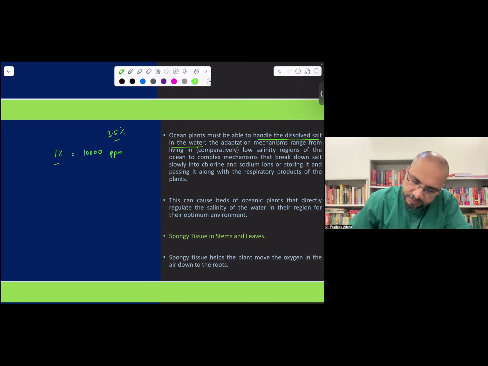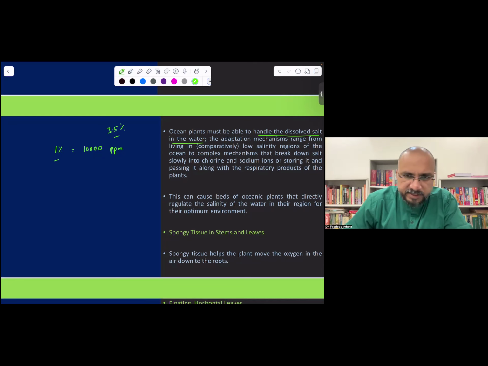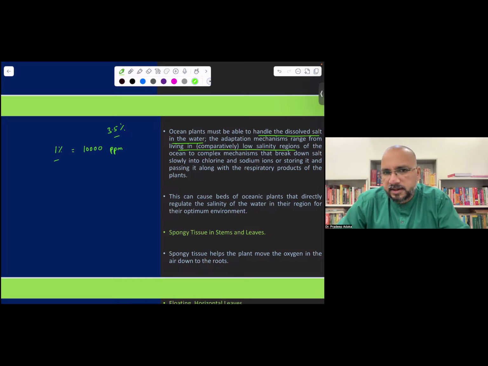Now, they have adapted certain mechanisms. The adaptation mechanisms range from living in comparatively low salinity regions, brackish water, where the river water meets the ocean water, near the delta region, where the salt concentration is a bit low.